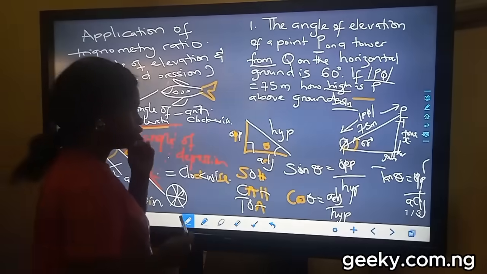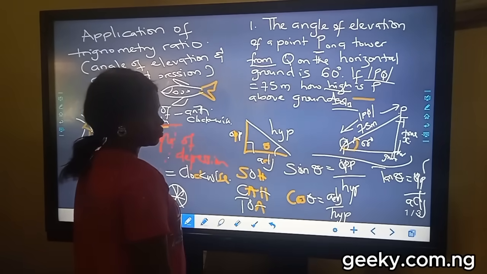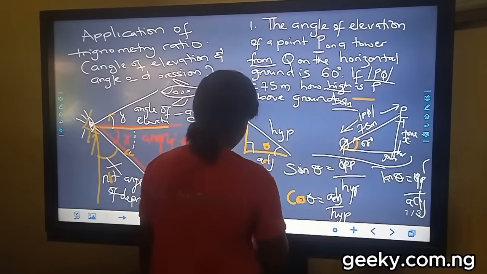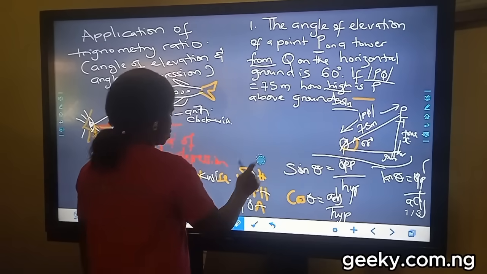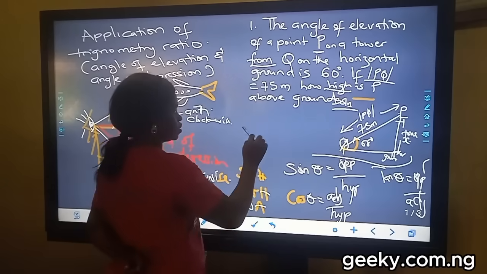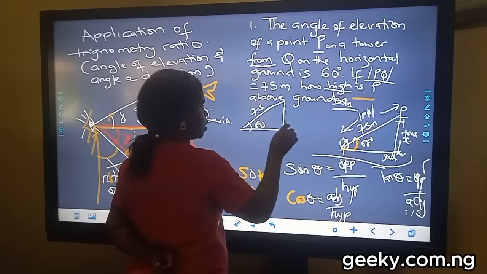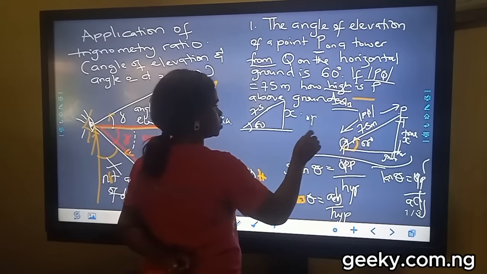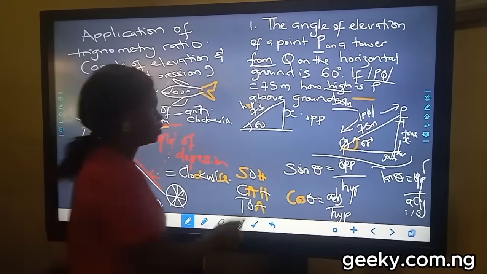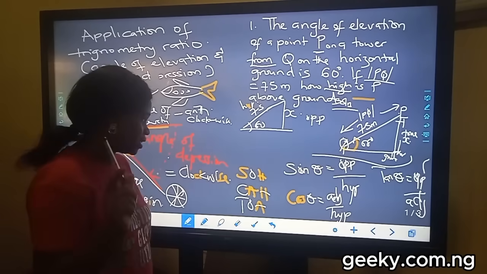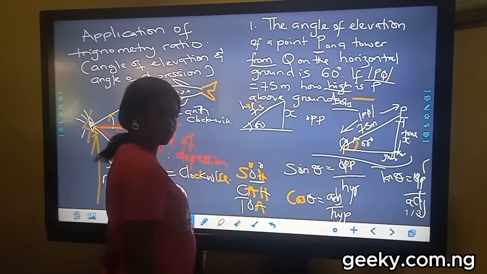Right? So now we'll have to use that to be able to find our solution. So we'll compare that with the diagram that we have. Let me redraw the diagram. We have 60 degrees, we have our 75, and then we have x. So here we have our opposite, we have our hypotenuse. That means the particular one that we'll use to find x is opposite over hypotenuse, all right?